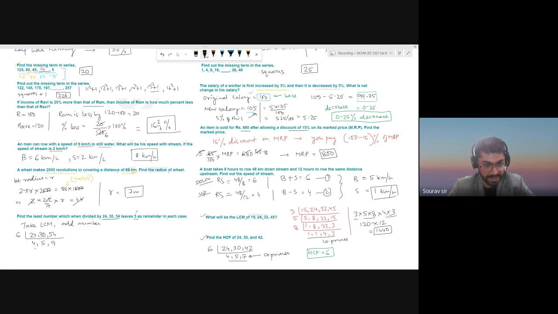You cannot take anything common from any of them. So the LCM is 6 times 4 times 5 times 9. So this is 24 times 5, 120 into 9, 1800. Right? So to have a remainder 5 in each case, the required number is 1800 plus 5, 1805.